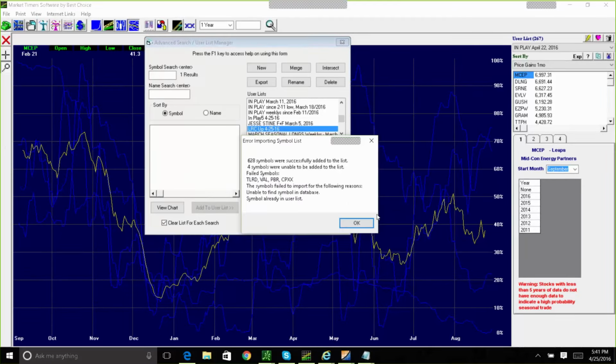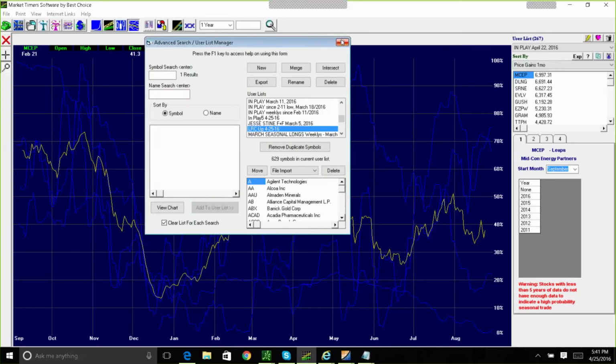And it's importing. Okay, so there was a few things it didn't like. It didn't like CPXX, maybe because I already had it in there. What I usually do is I'll take the list here. So PBR is Petrobras, Brazil. I'm surprised that's not in, but it may be because they have A and B shares. So again, I'll have to check to make sure some of these are available. Okay, so that's okay. I've now got this. I'm going to close it.